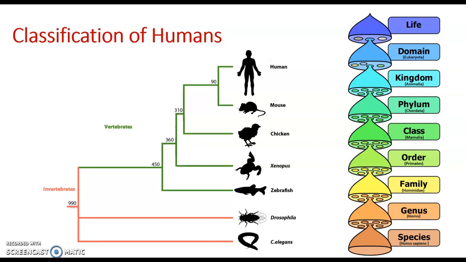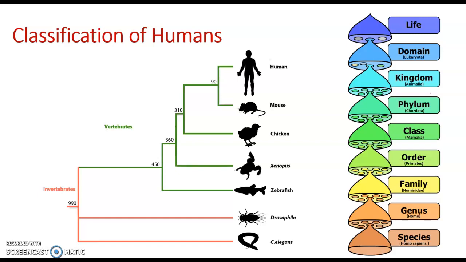Order Primata, which we're going to focus on more heavily in the next couple of slides, so all with the other primates. And then we're in family Hominidae with the other hominids, which we'll see a couple of examples of. Hominids are some of our evolutionary ancestors and how we accumulated some of our traits that are uniquely human.